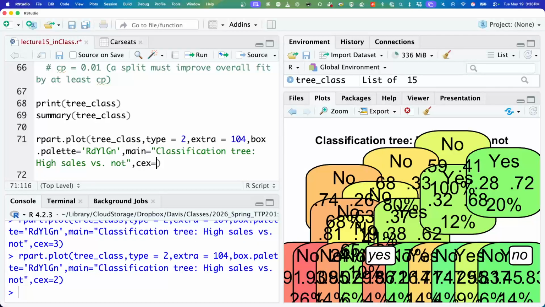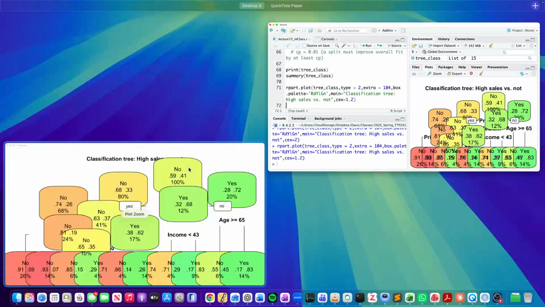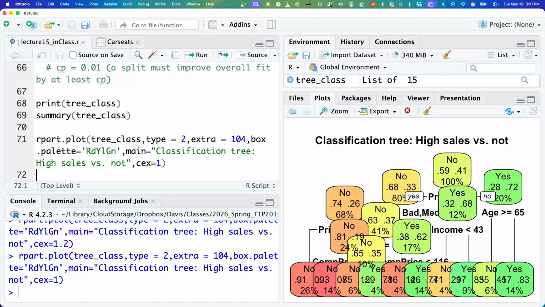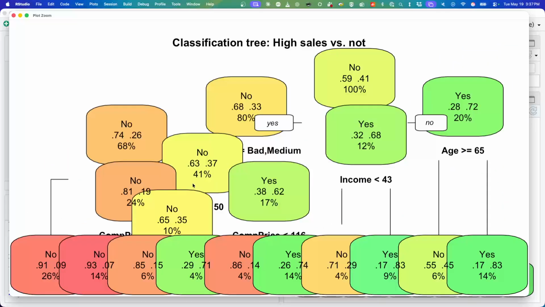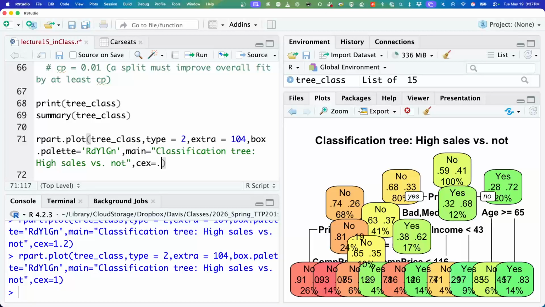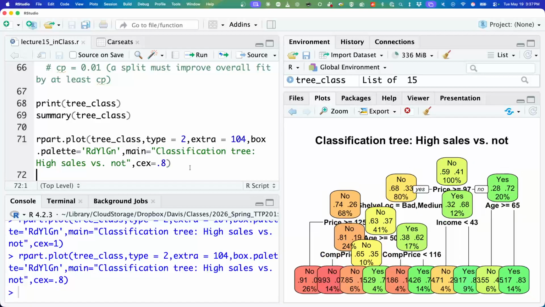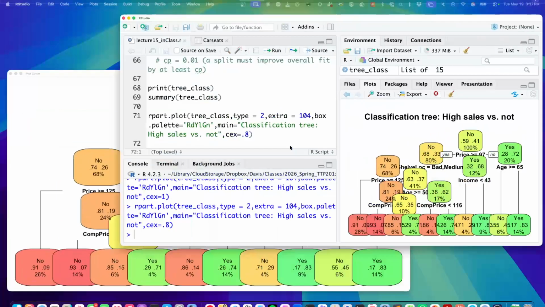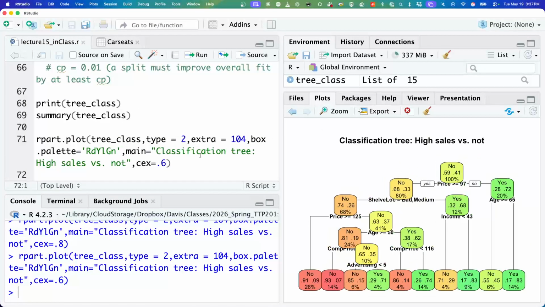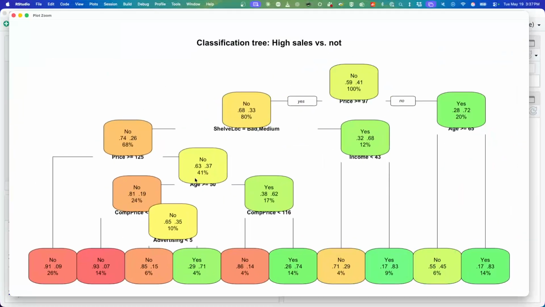That's better. Hold on, we're almost there. Sorry. 0.8. Okay, close enough.